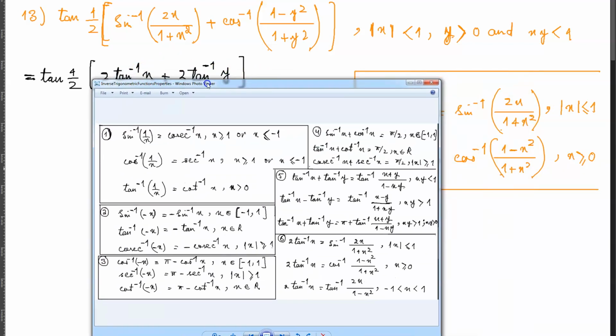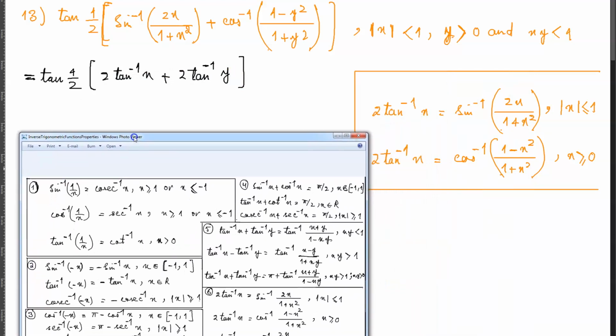The way you can put these two together is that if x times y is less than 1, you can use this identity: tan inverse of x plus tan inverse of y is equal to tan inverse of (x plus y) over (1 minus xy), and put them together.